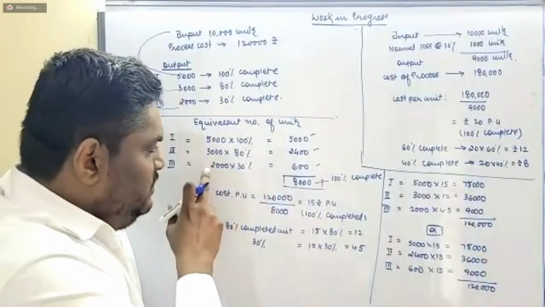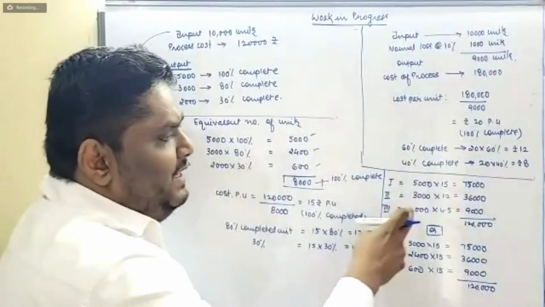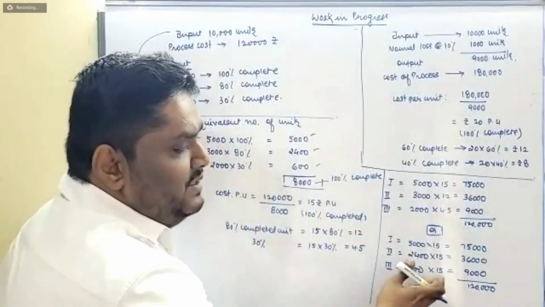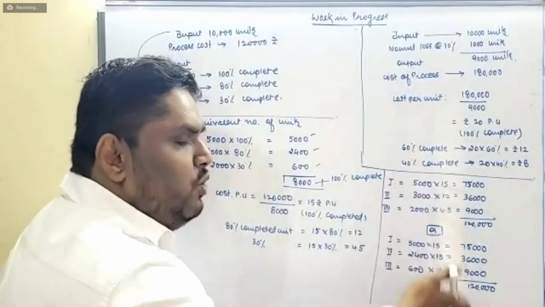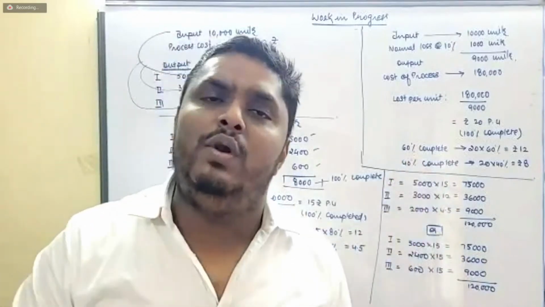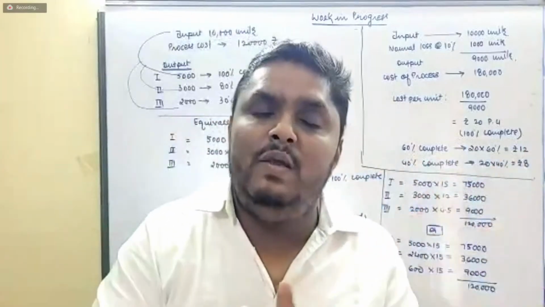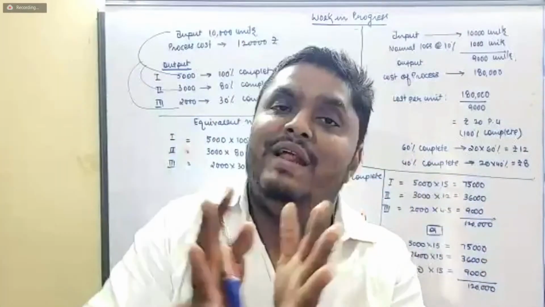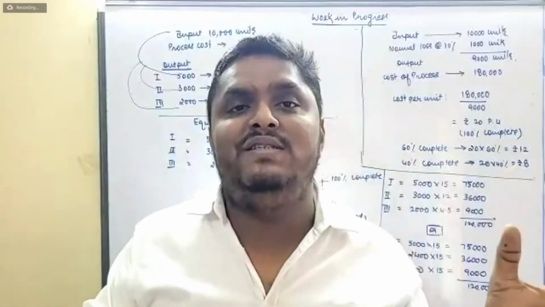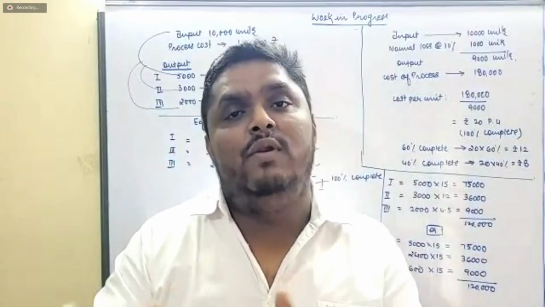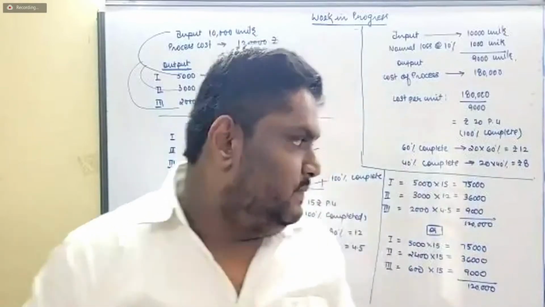Similarly, the cost of 2,000 units that are 30% complete will be equal to 600 units that are 100% complete. So you can use any of the approaches to calculate the value of work in progress. So this is the concept of equivalent production. Let's say there are 10,000 units and they are 80% complete, it means 8,000 will be my equivalent number of units.